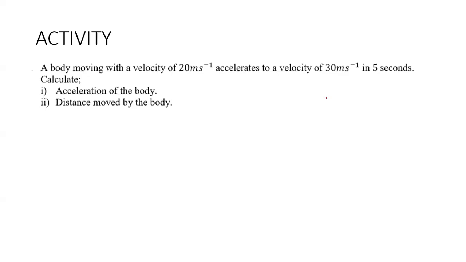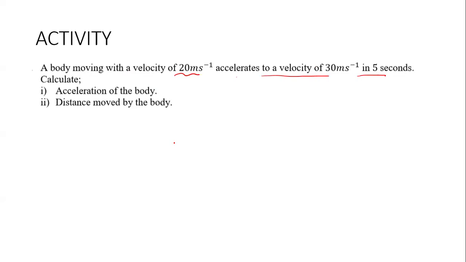Okay, this is our second number. Still, the first thing you do, first summarize. Look at the question, ask yourself, what have they given us? So when you look at the question, they have given us that a body moving with a velocity of this accelerates to a velocity of this in 5 seconds. Now, you ask yourself, but this is the same number we have done, not so?